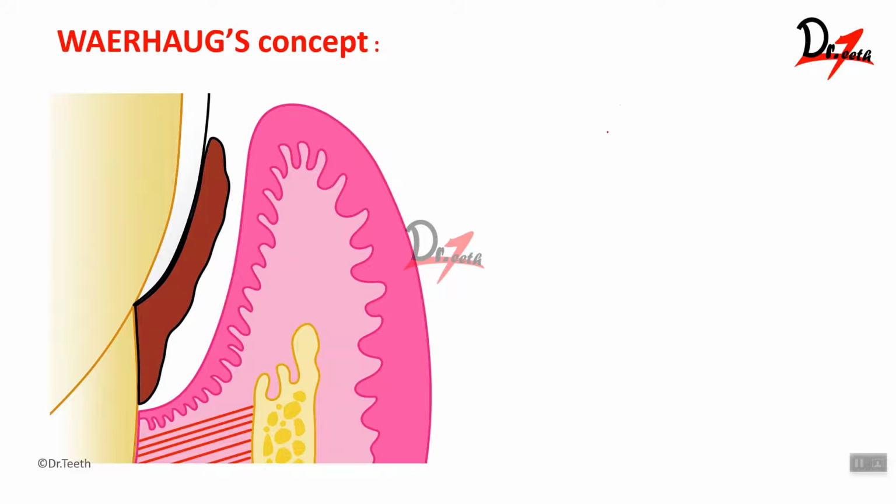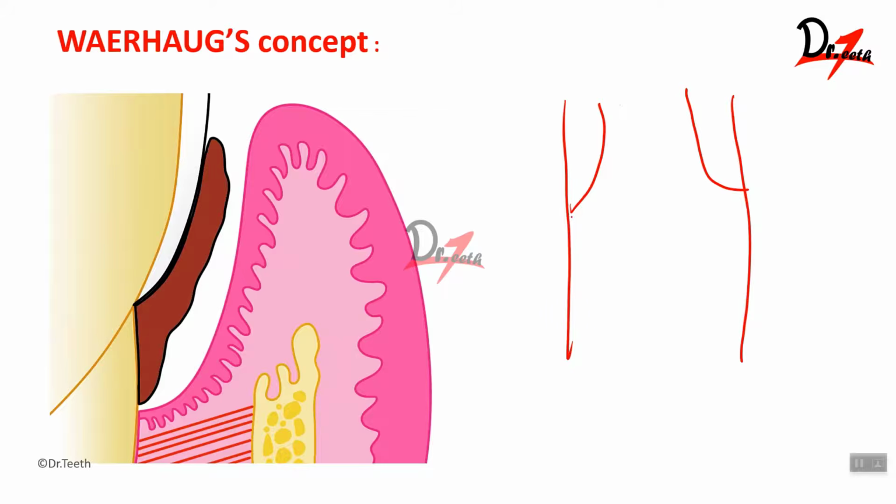So here we have two neighboring teeth, and if there is plaque present on this particular tooth and there is no plaque present on the neighboring tooth, then an angular defect is formed.